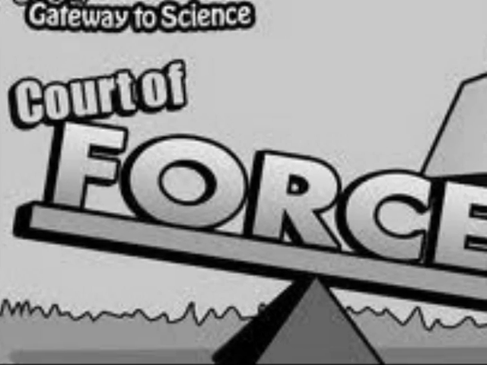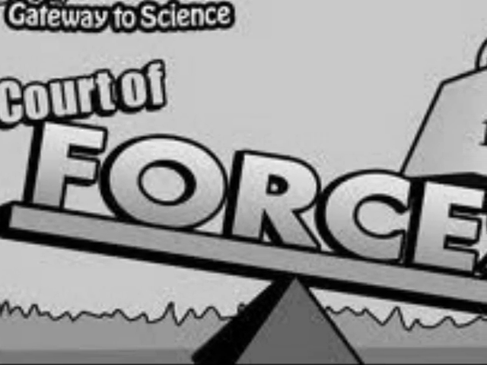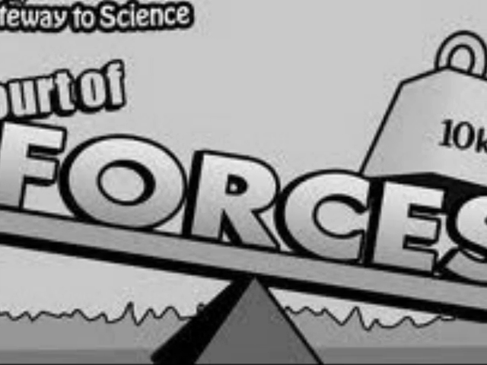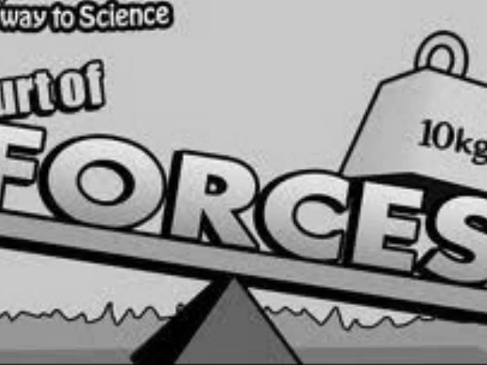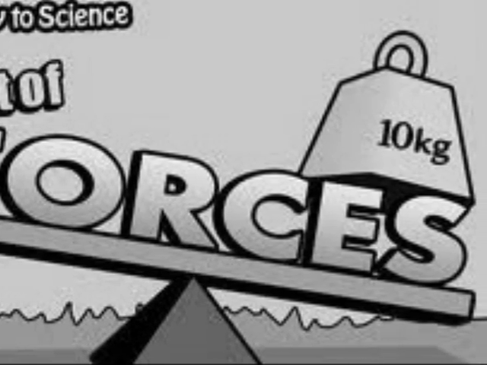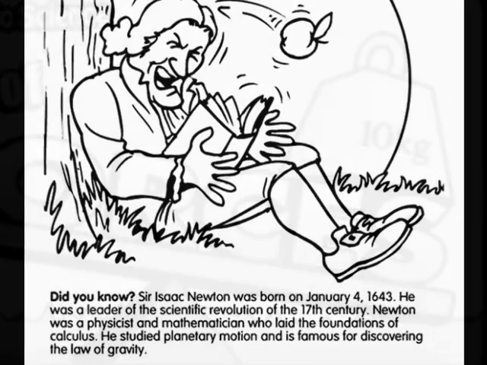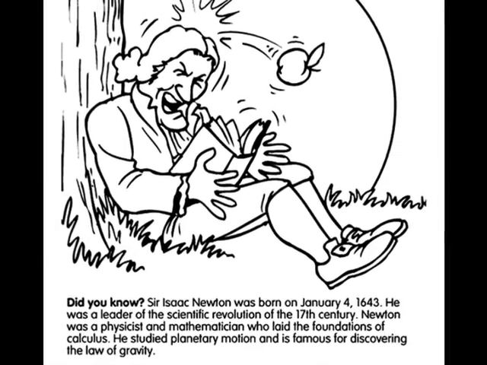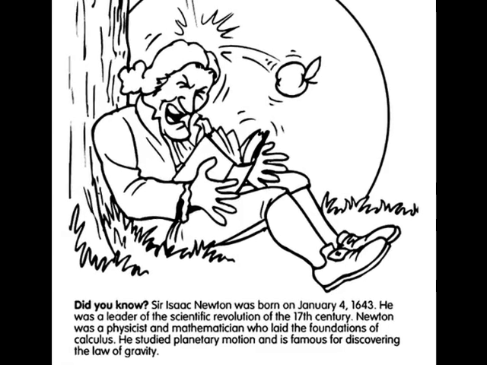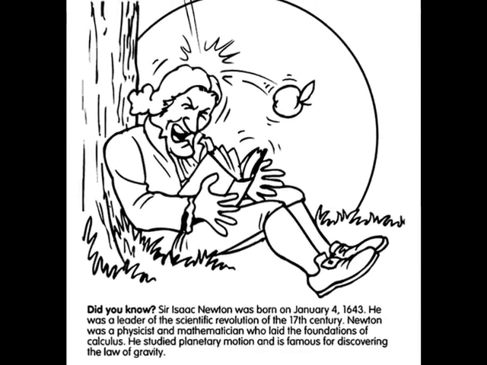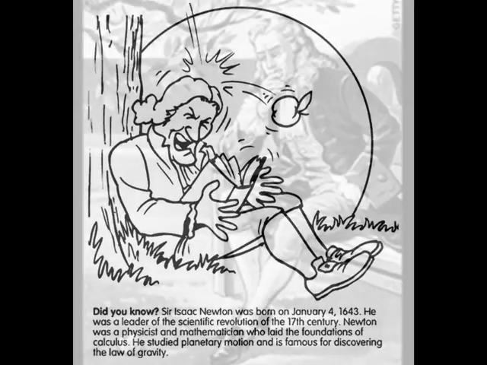Now, let's take a journey through the development of forces and the laws that came about from a very intelligent man known as Isaac Newton. He was a great physicist and a mathematician who was once sitting under a tree and got hit by a falling apple.